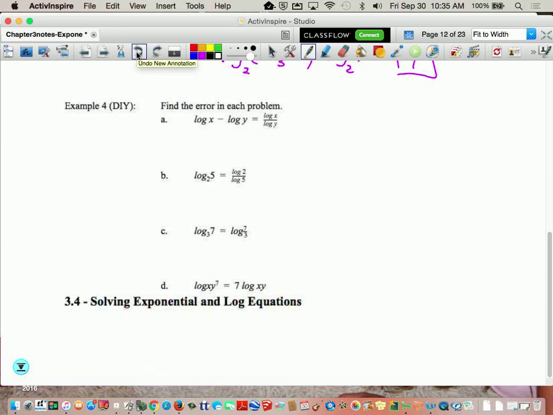So hopefully you're back now and we're ready to go ahead and find some of the errors. Somebody applied the properties, they've made some mistakes. So somebody did a logarithm, this is base 10, and this is base 10.